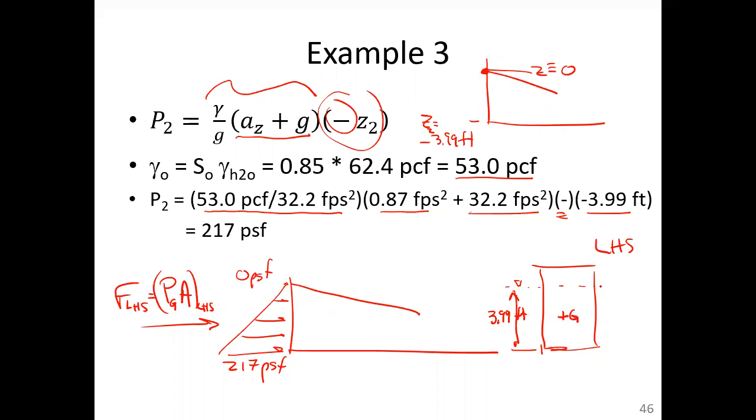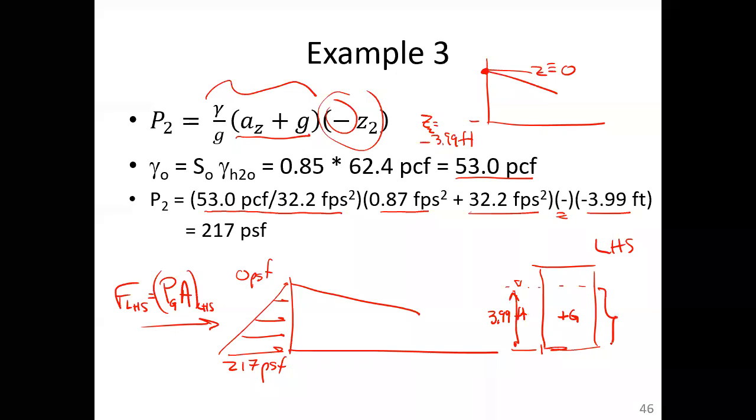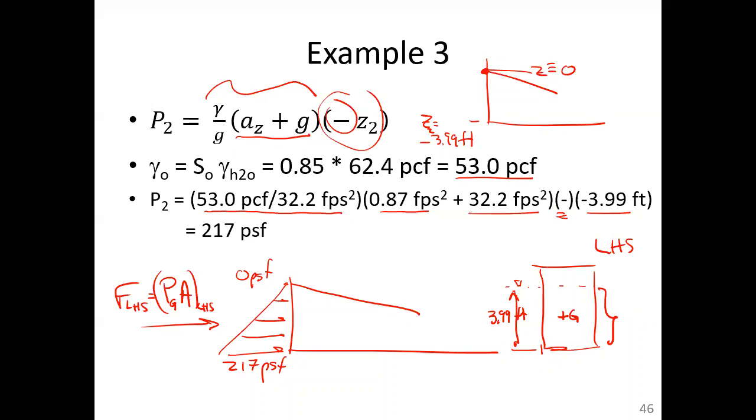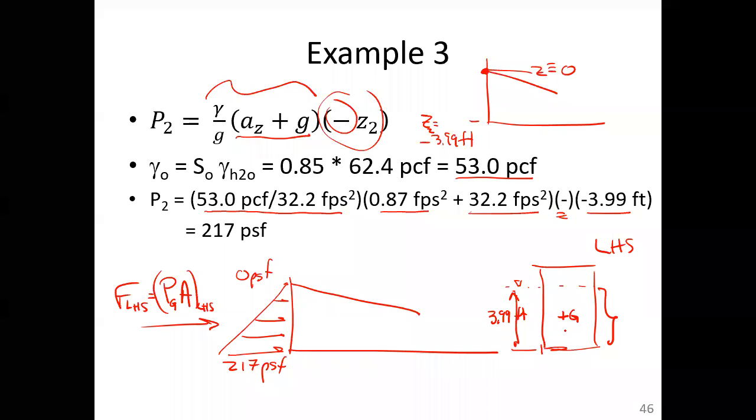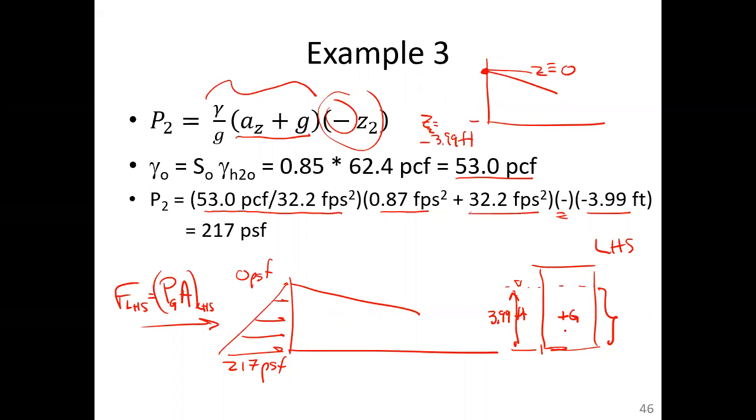So you have this rectangle being submerged in a fluid. Above that 3.99 feet, it's in air. Pressure on it is 0. So finding the pressure at the center of area is just the average of the pressure at the top and the bottom. And then that area would be 3.99 feet times the width, which we said was 10 feet.